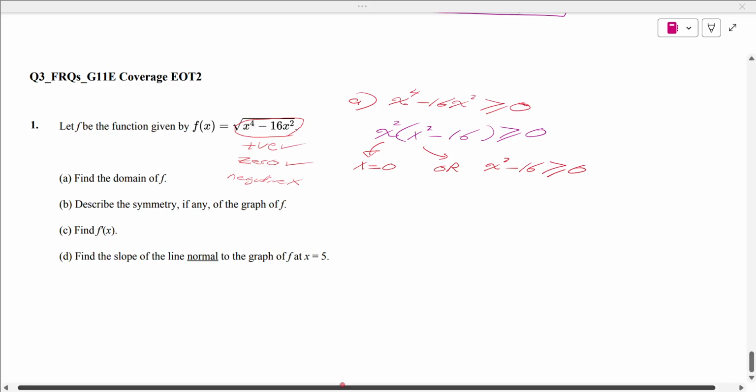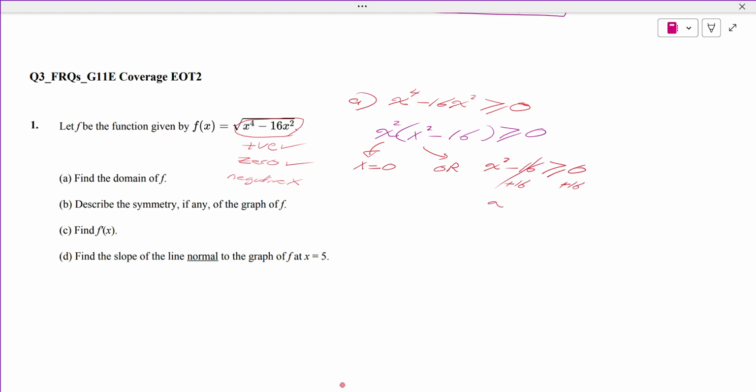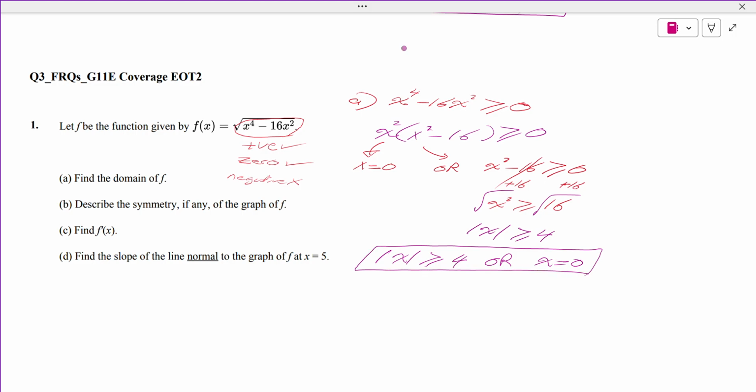So if you add 16, minus 16 plus 16 will cancel. x squared is bigger than or equal to 0 plus 16, which is 16. You can just take the square root, and taking the square root of x squared, in this case it's the absolute value of x, and the root of 16 is 4. So you can say that the absolute value of x is bigger than or equal to 4, right? Or x equals 0. These are the two parts for the domain of the function.